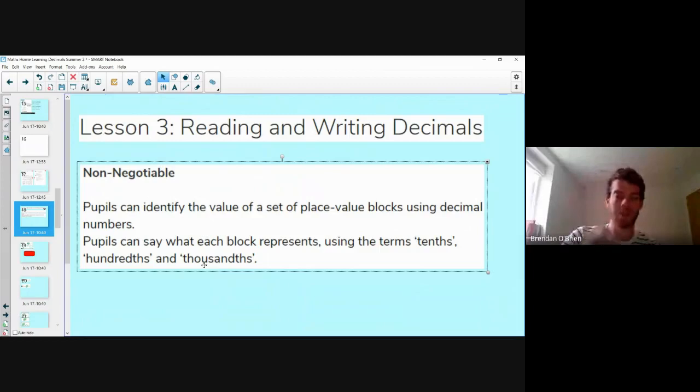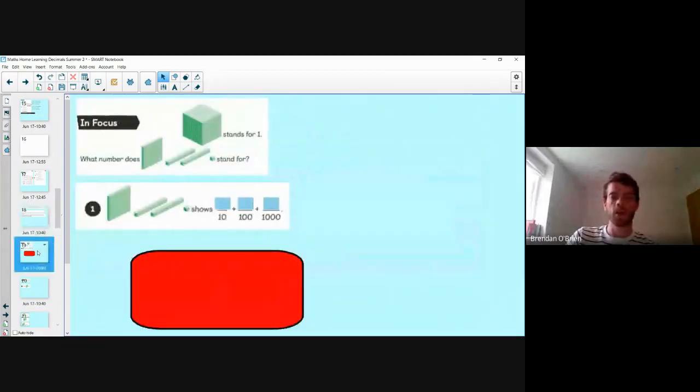We looked at those in the first lesson when I put them into the place value column. We looked at them yesterday when we were writing our decimals in written form. Okay, so let's get underway with this. In focus, we've got here again our block, which stands for 1. Our block made of 1,000 small parts, which stands for 1.